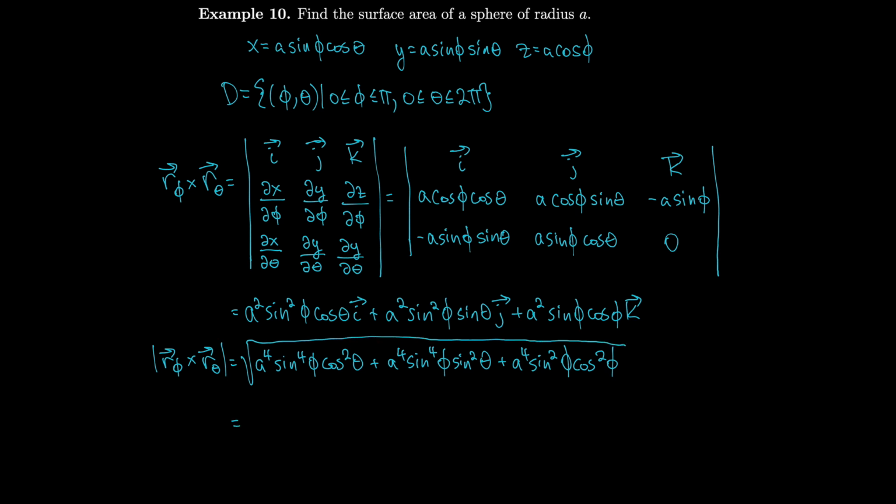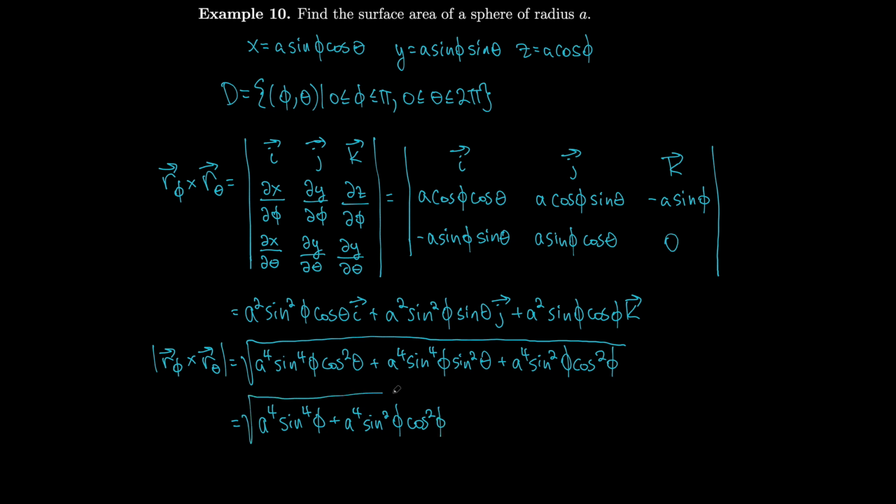And let's simplify this a little bit. Let's see, we've got cosine squared and sine squared, and notice we can factor out the a to the fourth, sine to the fourth. So that means that we're just going to have a to the fourth, sine to the fourth times 1. So that's a to the fourth, sine to the fourth phi. And then we still have this part over here. So plus a to the fourth, sine squared phi, cosine squared phi.